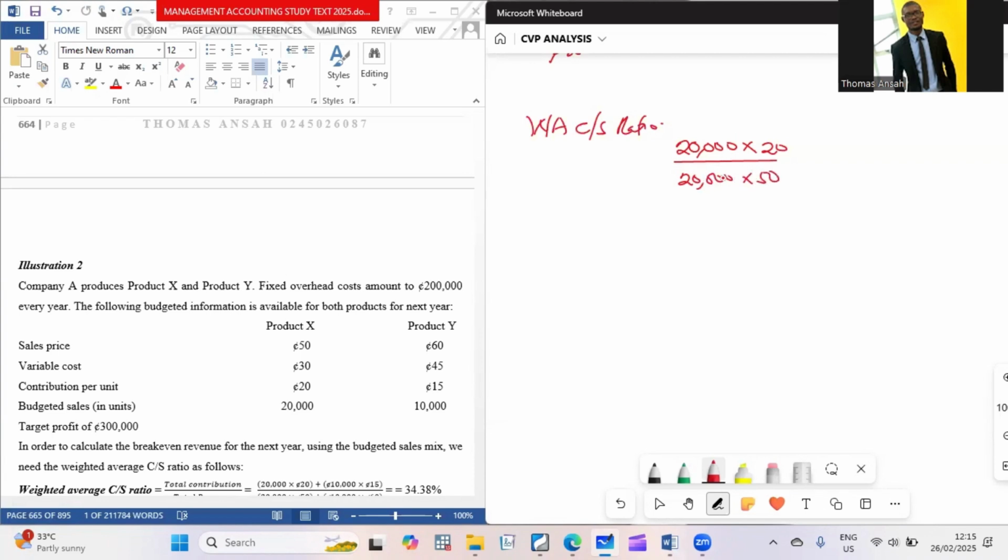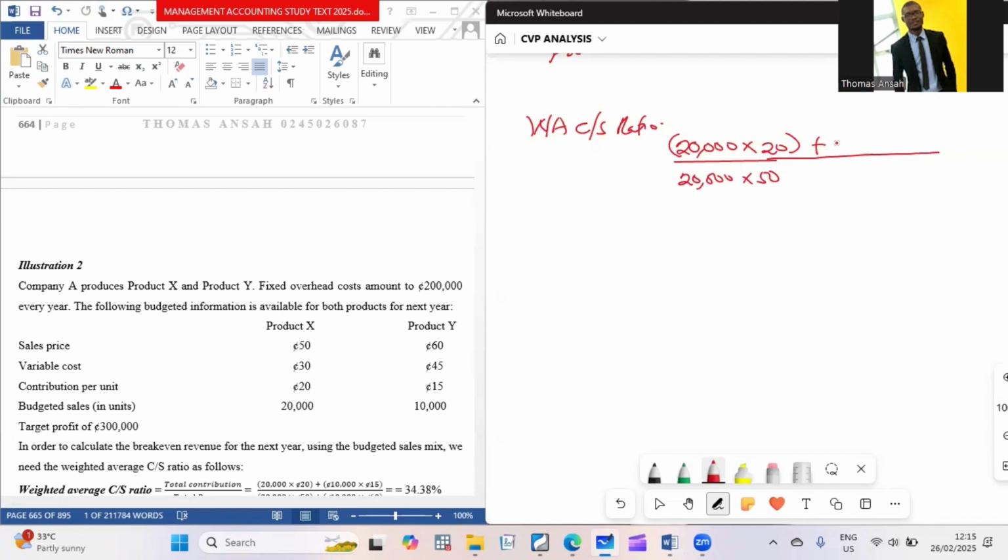So this cancels itself. If they are the same, you could stick to the 20 and the 50. But we are doing more of an average sort of. So plus the CS is weighting. Okay, so you do product Y too.